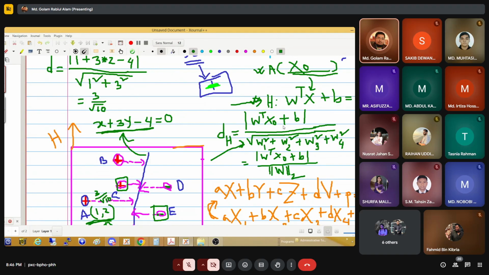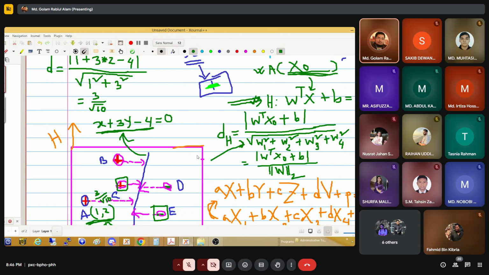So the distance from a data point A with the vector x0 to the hyperplane W transpose x is the absolute value of W transpose x0 plus b divided by the Euclidean norm. This one will be the distance.